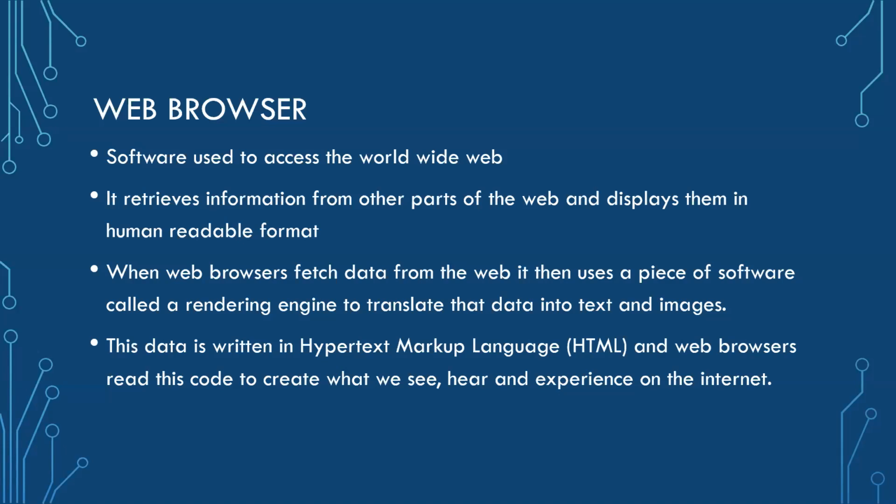The rendering engine translates the information available on the World Wide Web into text, data, and images that we can see and read. The language used to enable that is called the hypertext markup language. So in a nutshell, without going into overly technical details, that is what web browsers are.